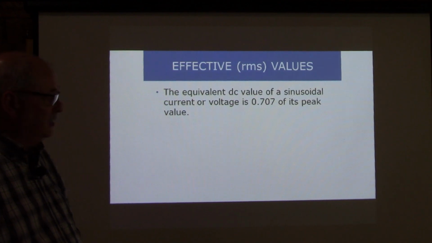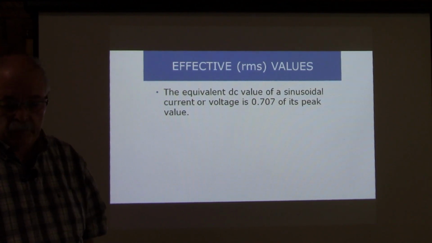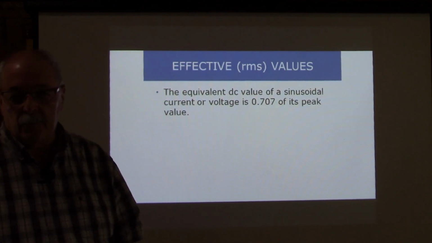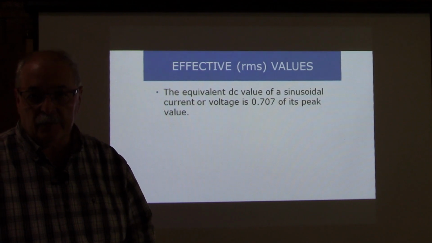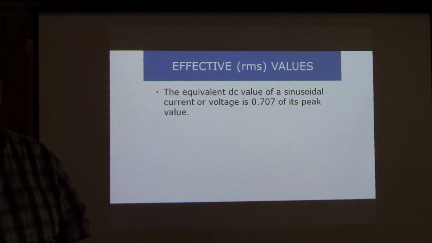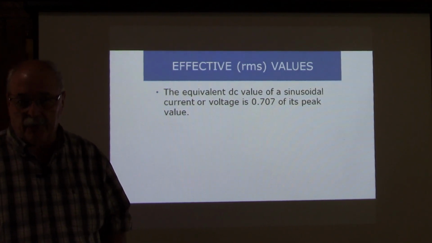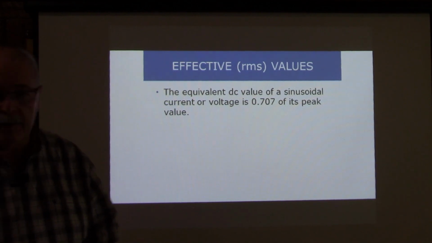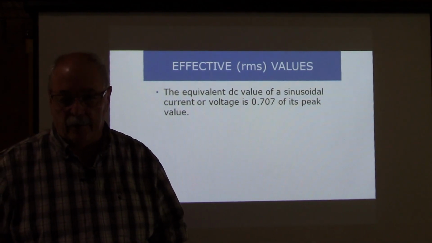The reason I'm picking this number is the electrical voltage in your house, most of the time, is either 120 or 240. That's the effective value. When you take your digital multimeter and put it in AC, it's reading effective value. It's not reading peak.